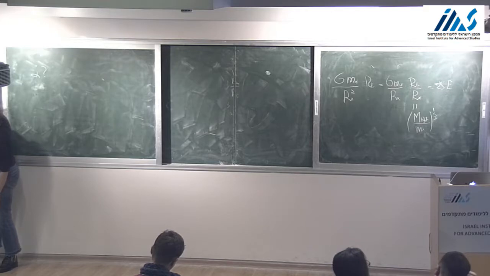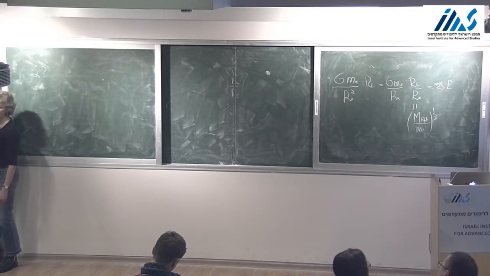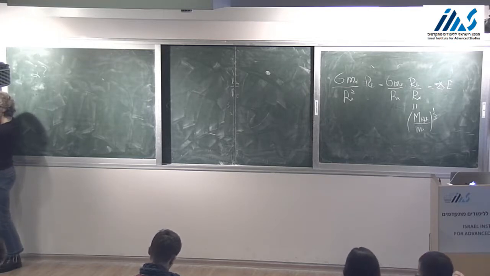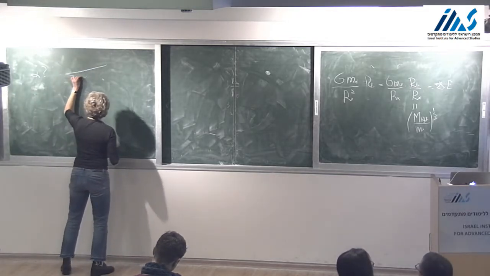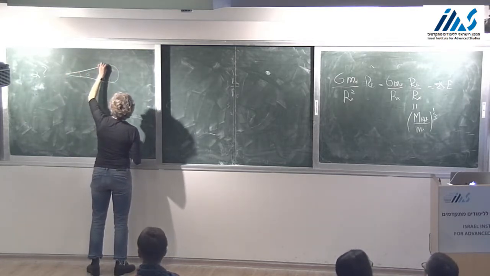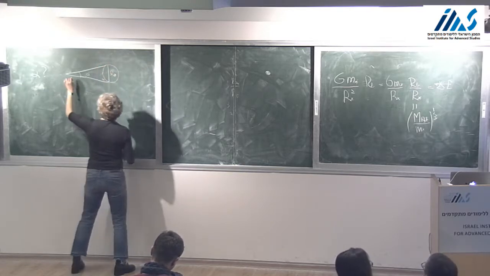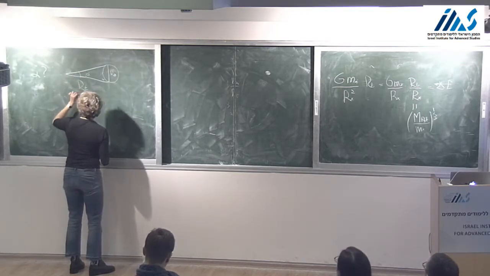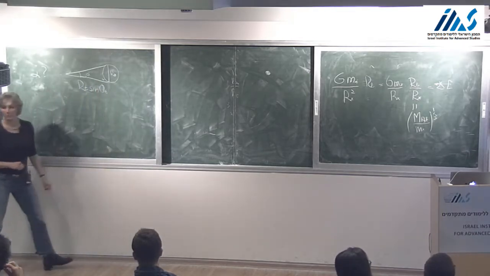This length is R_T sine of the true anomaly, and then you have the star with size R star. This is the angle alpha. So what is alpha?